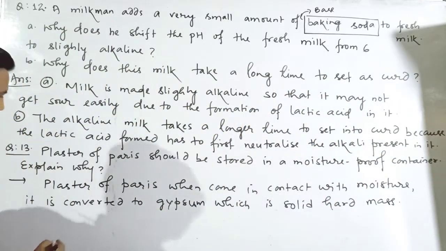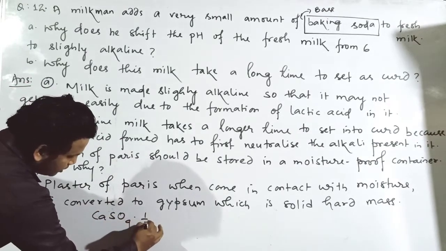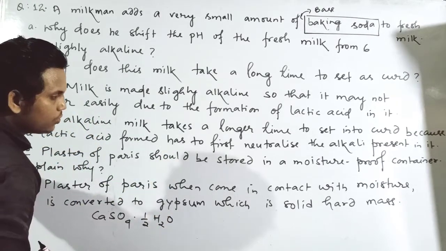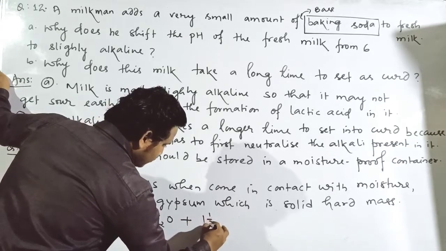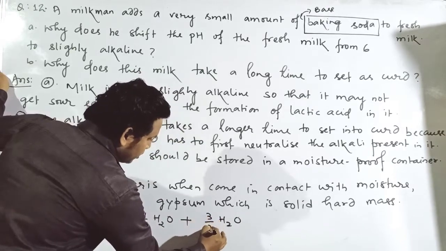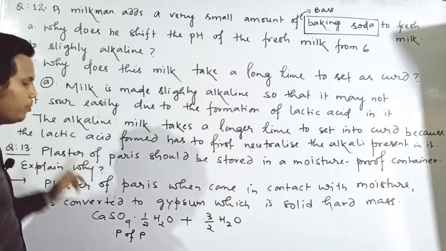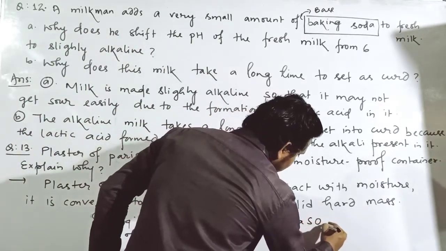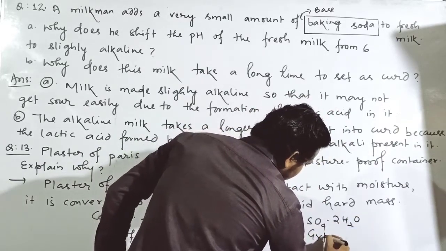Now write the reaction. Plaster of Paris, calcium sulfate dot half water, when it comes in contact with moisture, takes in 3/2 water. Then plaster of Paris combines with moisture to form calcium sulfate dot 2 water, which is gypsum.